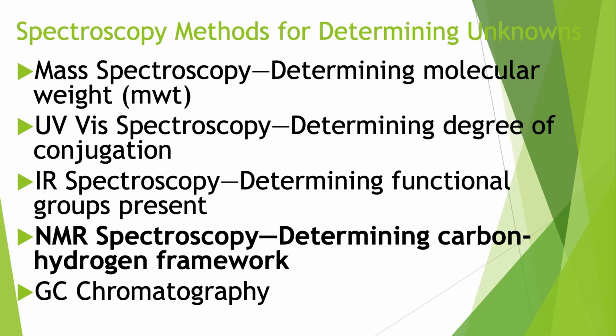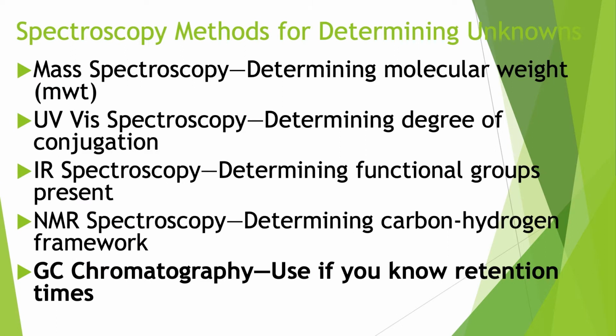You've also taken a look at NMR spectroscopy that deals with the carbon-hydrogen framework, where you could piece together: is it a CH next to a CH2, or is a CH2 next to a CH3, and so on and so forth. And GC, chromatography, could be used if you knew retention times of different substances. You could use that to identify particular compounds.